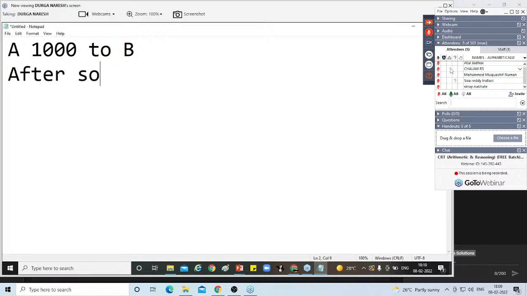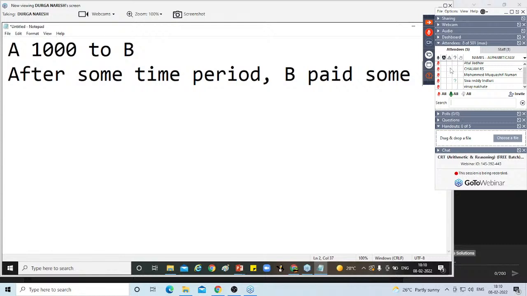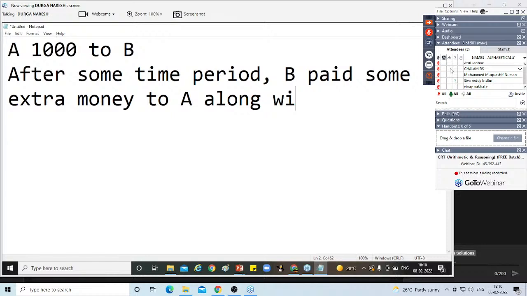After some time period, that may be for 1 year, that may be for 1 month, for the usage of the money, B paid some extra money to A along with 1,000.